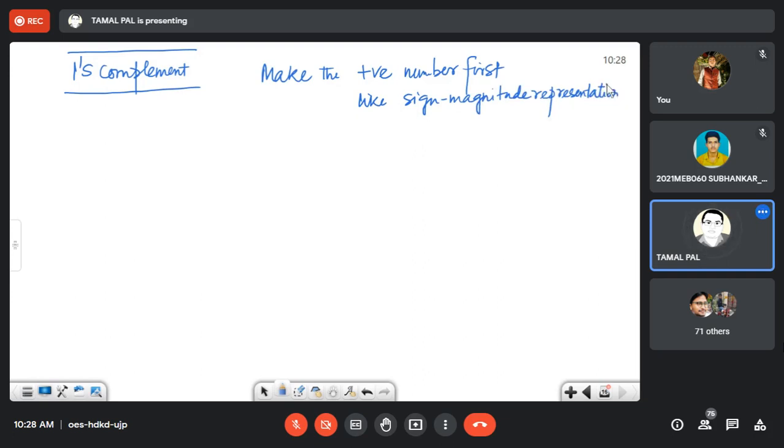That means, like sign magnitude representation, we have to build the positive number first.